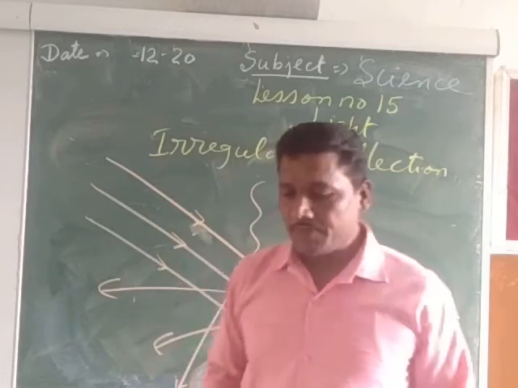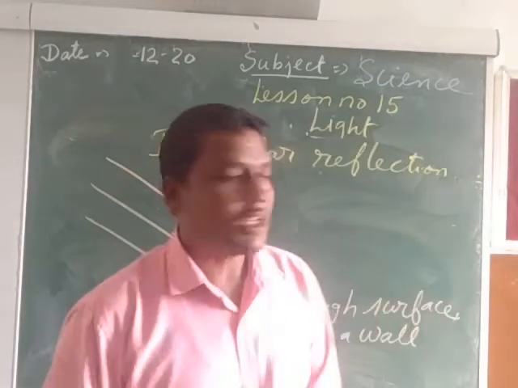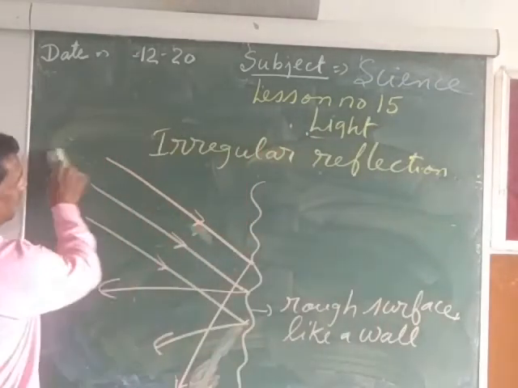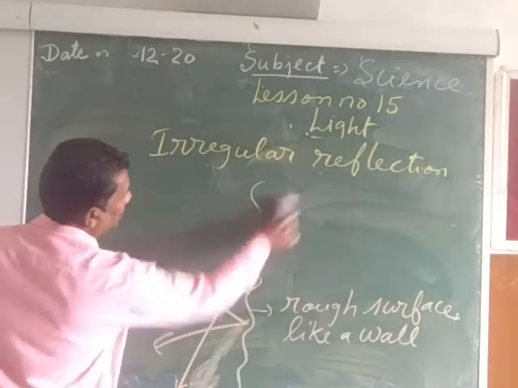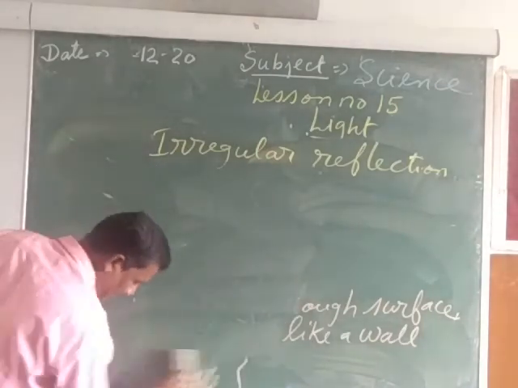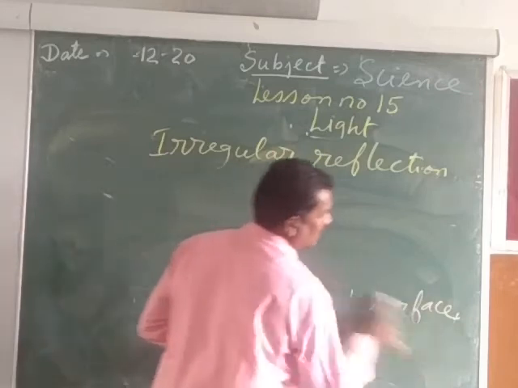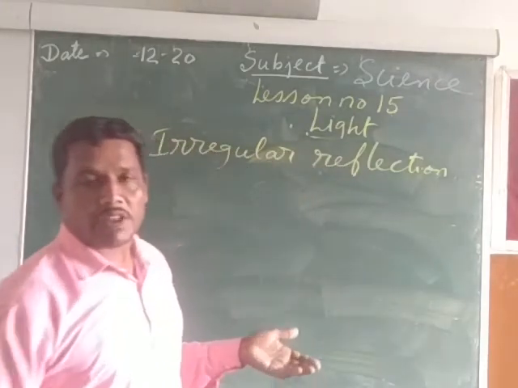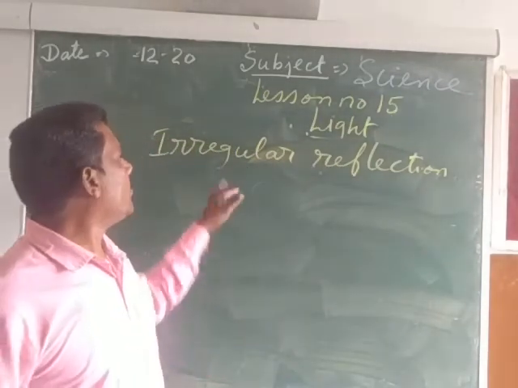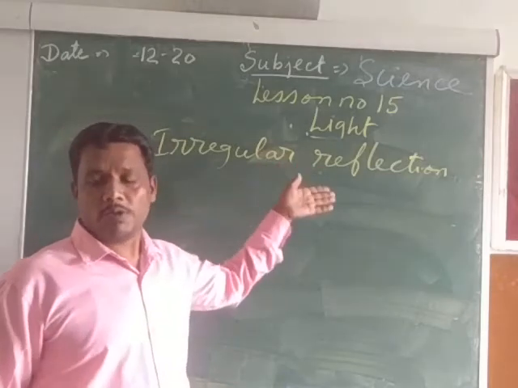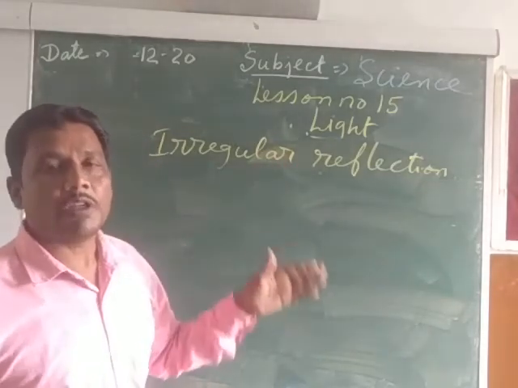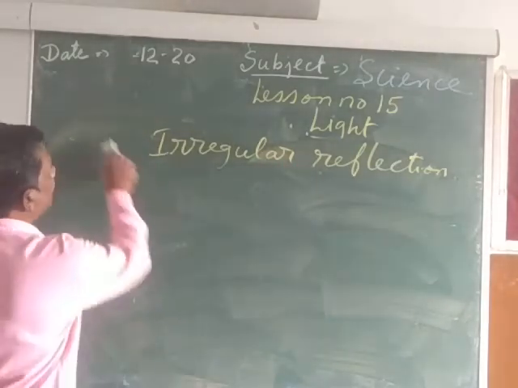So my child, that is the difference between the regular reflection and the irregular reflection. When the light is falling upon the rough surface, the light is going back with a different angle. Such a reflection is called the irregular reflection or the diffuse reflection, and it does not form the image of the object.